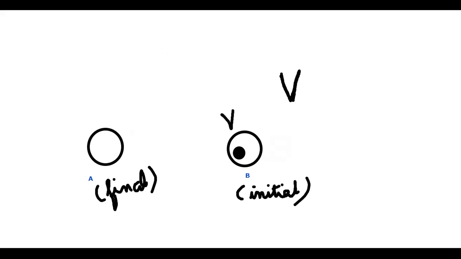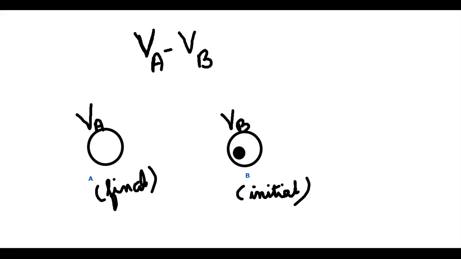Suppose potential at B is VB and potential at A is VA. So what is potential difference? Final minus initial value. VA minus VB. Final potential minus initial potential.